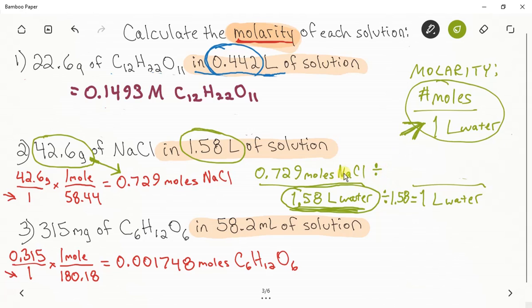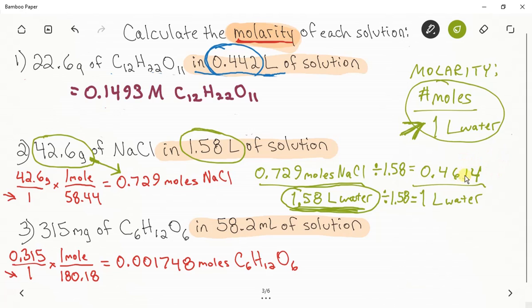So now we have to take this 0.729 moles of sodium chloride and we have to divide it by 1.58. So if you take 0.729 moles of sodium chloride divided by 1.58, you're going to get 0.4614. And I rounded up there. So if you get 0.46139240, you're good. I just rounded to 4 sig figs.